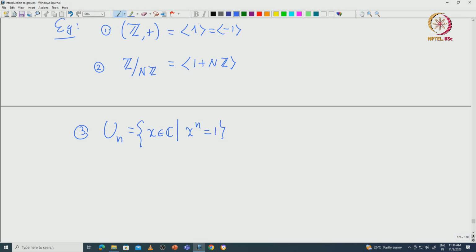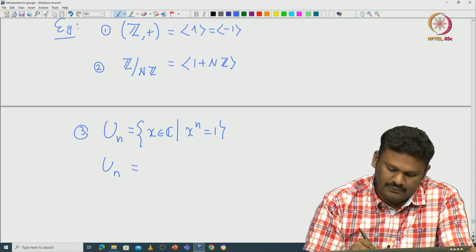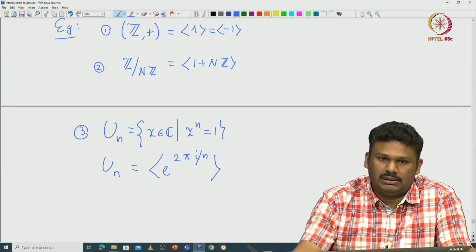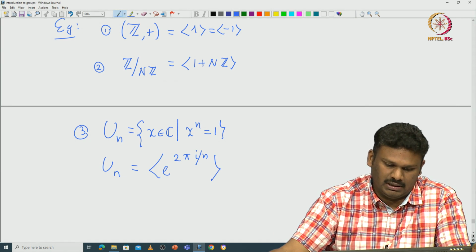It is a subgroup of C star in particular. So, then you can see that this is actually generated by what is called the primitive nth root of unity, e to the power 2 pi i divided by n. Okay. So, these things you must have seen already.